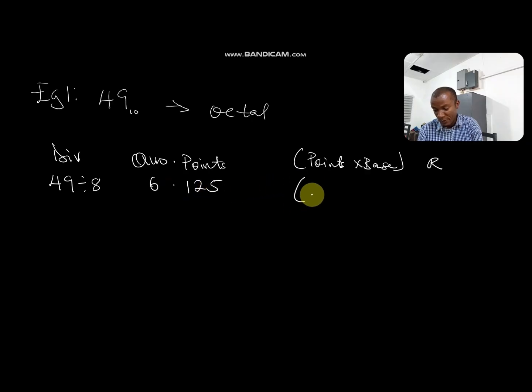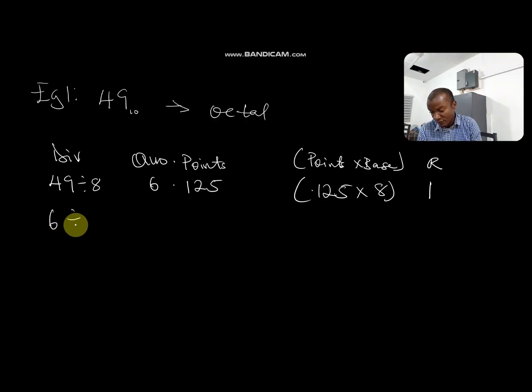To get the remainder, I will multiply 0.125 by the base, and we are working in base 8. So 0.125 times 8 will give me remainder of 1. Please, when you are multiplying, include the point. Now this is my quotient, I'll bring it here.